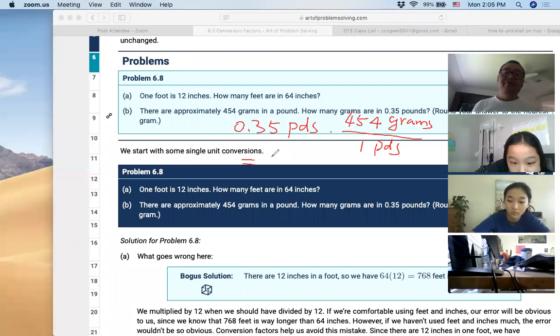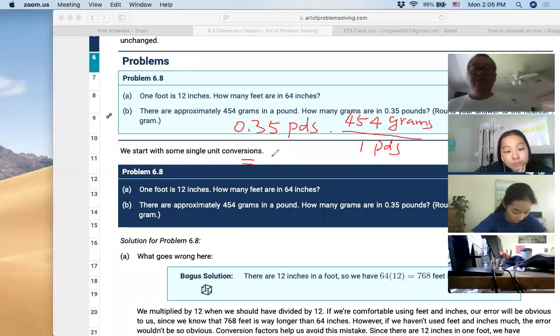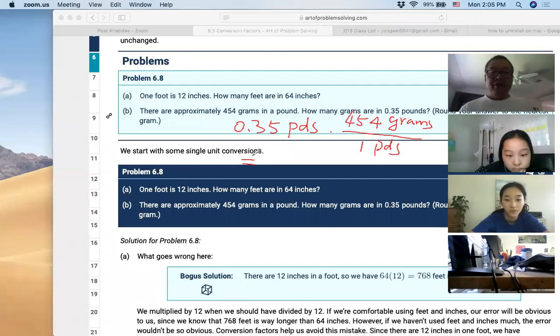So you use 454 times 0.35. This one, you got about 159 grams. Okay, that's B.